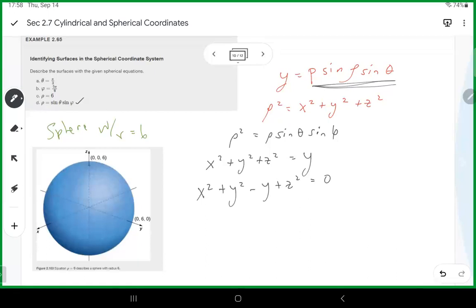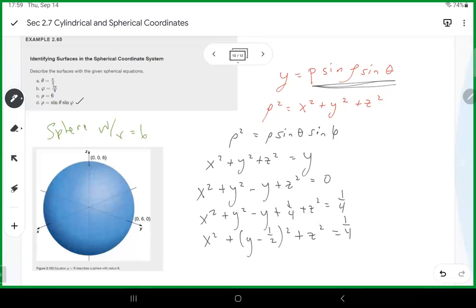And then we have to complete the square. So we would have x squared plus y squared minus y plus 1/4 plus z squared equals 1/4. So then we would have x squared plus y minus 1/2 squared plus z squared equals 1/4.